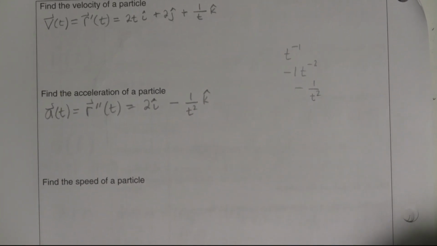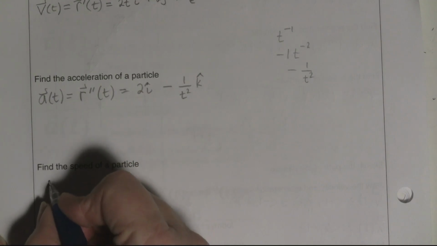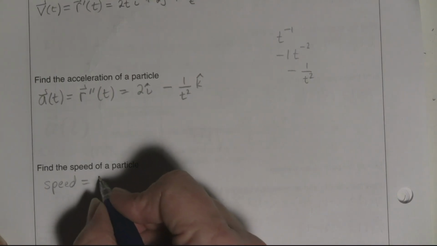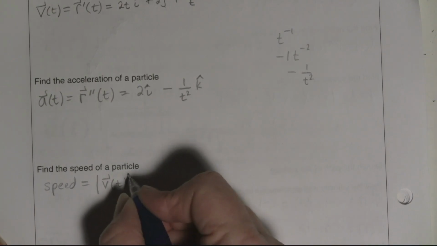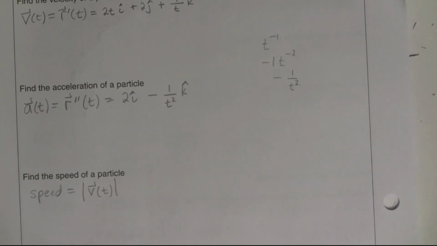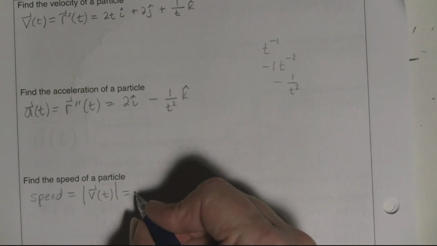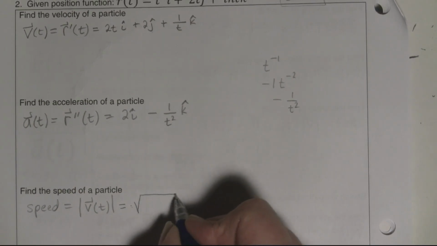Then they asked us about the speed of the particle. And we remember that the speed of the particle is equal to the magnitude of the velocity. So you can imagine the only thing that would make this harder is a harder derivative. I mean, it's not hard at all. And so here we're doing the magnitude.